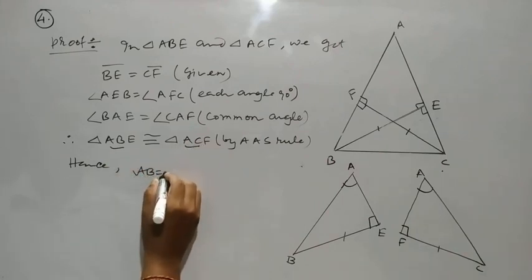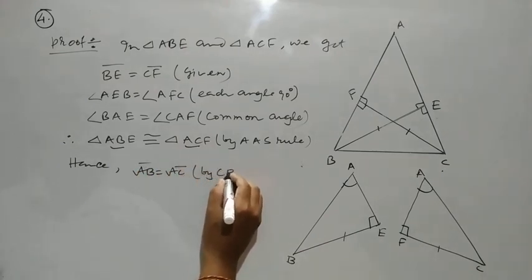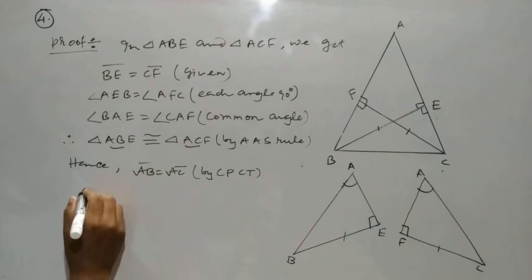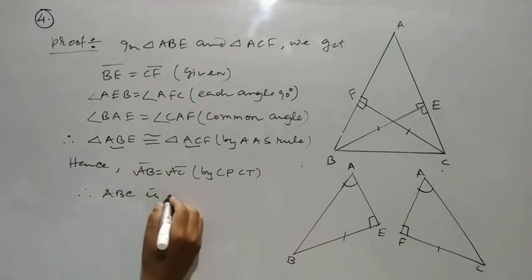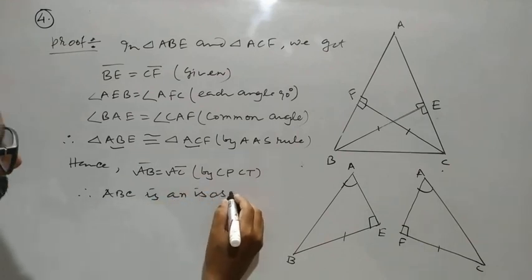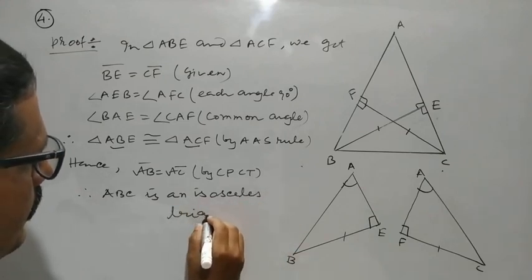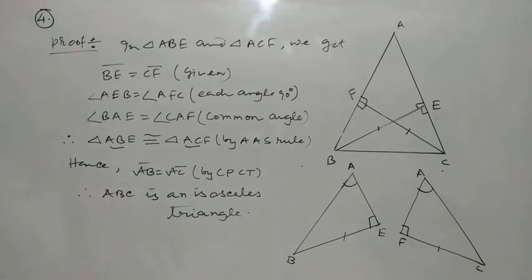Hence, AB equal to AC by CPCT. Therefore, ABC is an isosceles triangle. Okay, thank you.